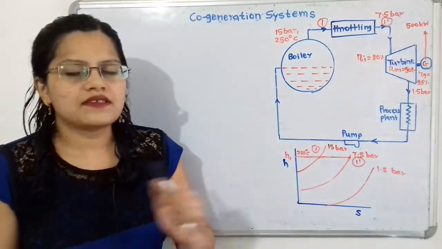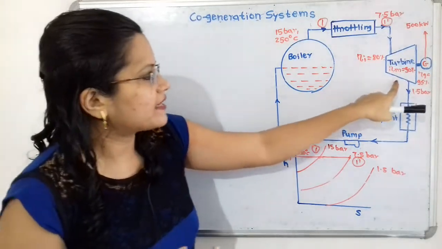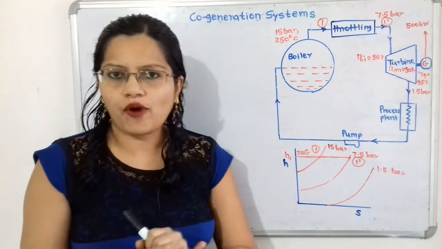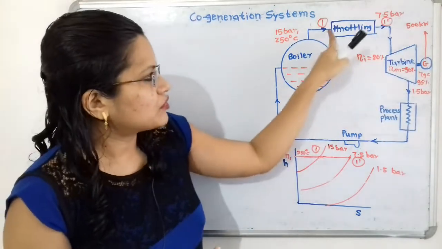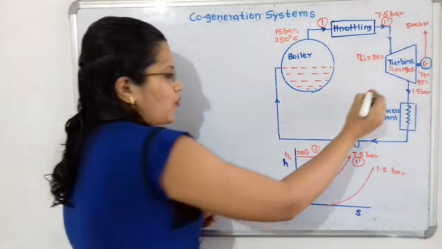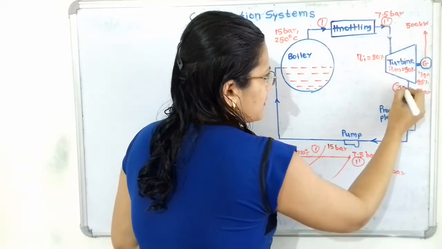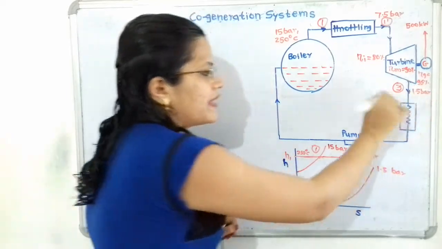In the previous part, that is in part 1, at the exit point we had taken point 2, but because the throttling process takes place, we will take the next number, that is point 3. So we will say that the condition of steam at the exit point of the turbine will be at point 3.